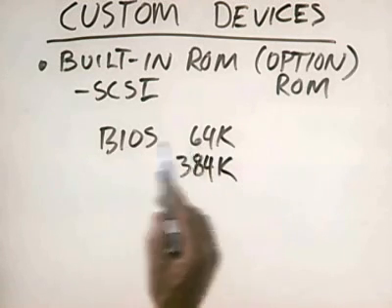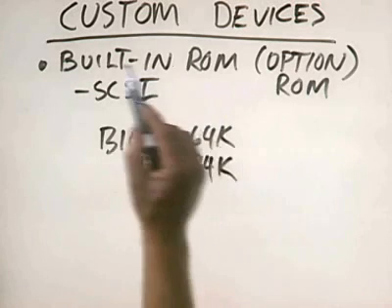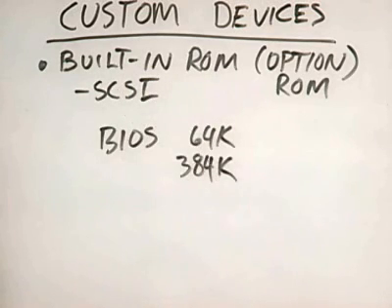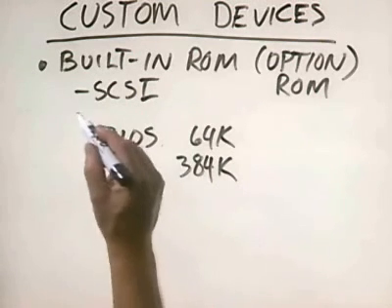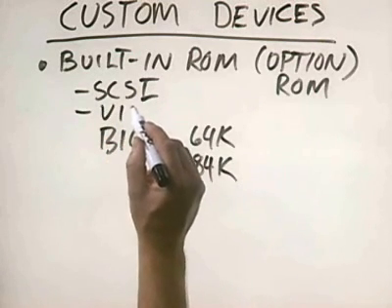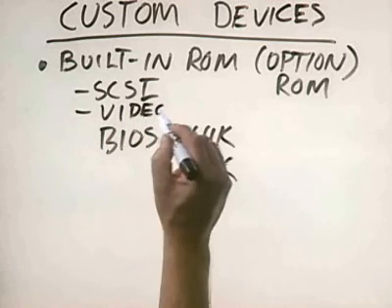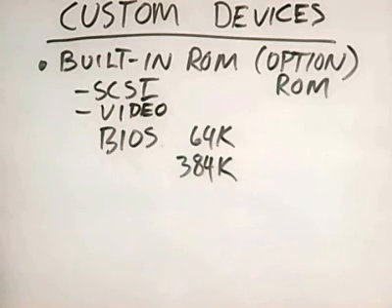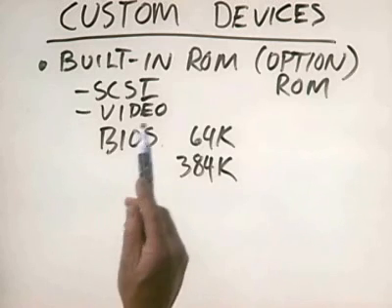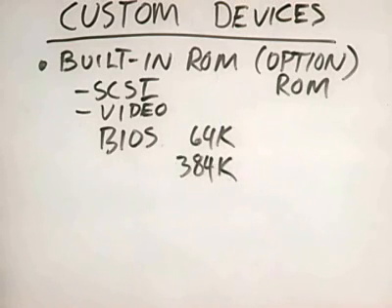The space not used by the BIOS can be used to address these built-in BIOS chips on the cards themselves. Video boards also use this strategy. You ever turned on a PC and seen a little video message right at the very beginning as the system started booting up? That's because that video board loaded its BIOS into this address space so the CPU could address it through the address bus.